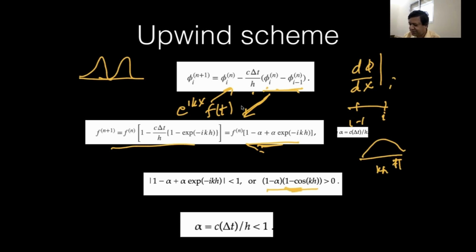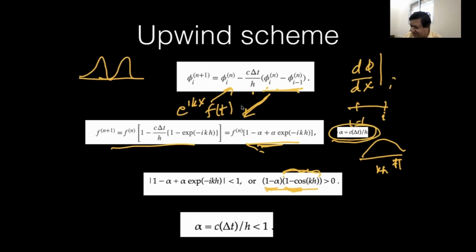So basically this part always remains positive, since cos kh is always less than 1. So 1 minus alpha must be greater than 0, so alpha is less than 1. And alpha, I have written it here: alpha is c delta t by h. I forgot to say that's critical.